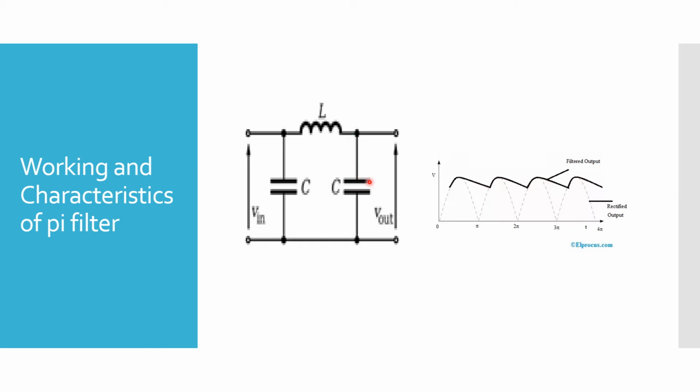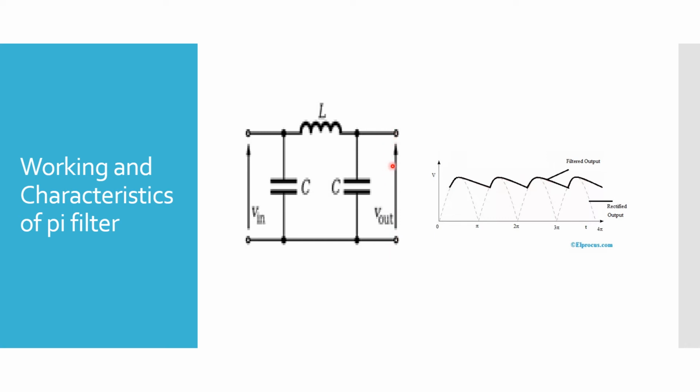Then another filter, another capacitor C2, avoids the AC component which the choke has been unsuccessful to block. Thus, simply the DC component shows across the load resistance.